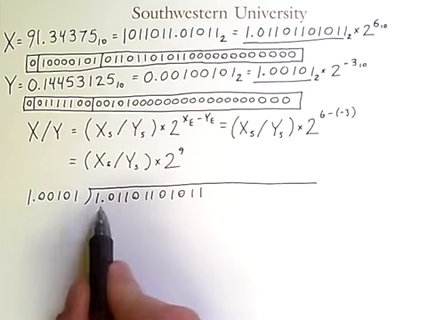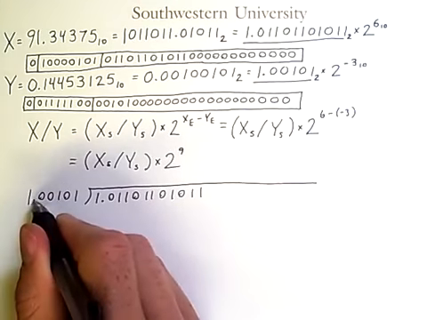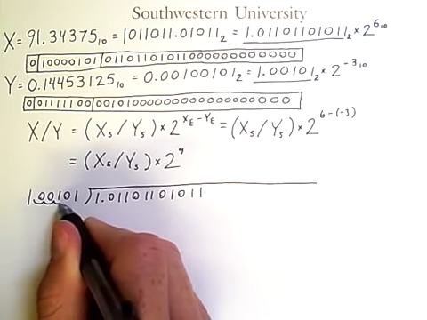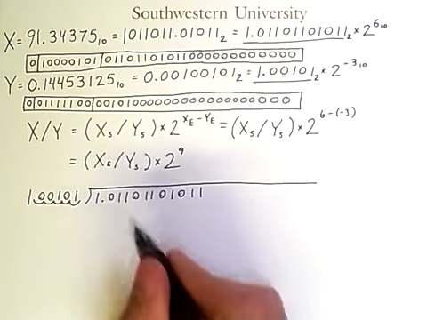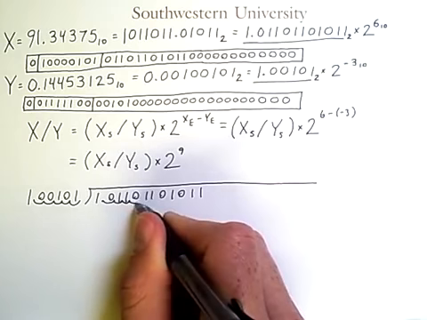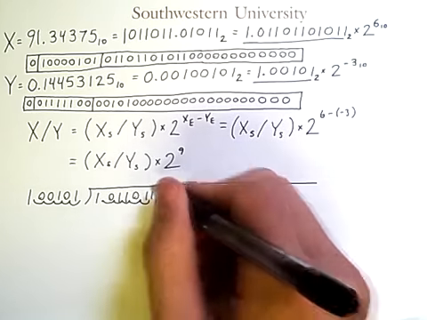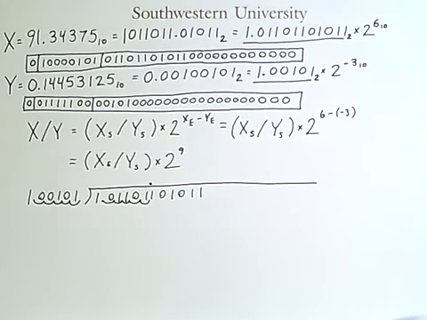Now I'll move that point over in both the numbers at the same time. So if it moves here 1, 2, 3, 4, 5 spaces, it also needs to move here 5 spaces. 1, 2, 3, 4, 5. That means our final result will have a point there.